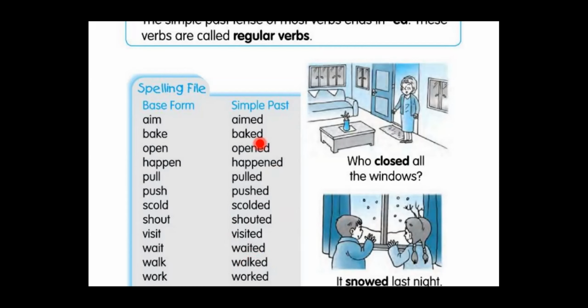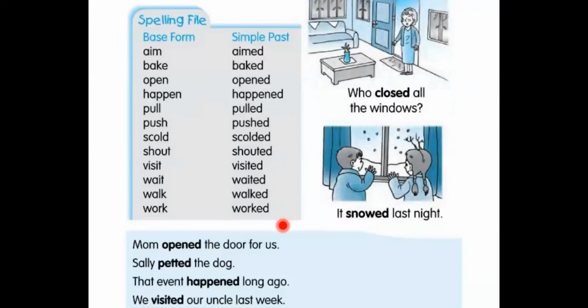So here for all the words, what did we add? Ed. When we add ed to the verbs, they are called regular verbs. What are they called, children? Repeat with me. Regular verbs. Yes, they are known as regular verbs.